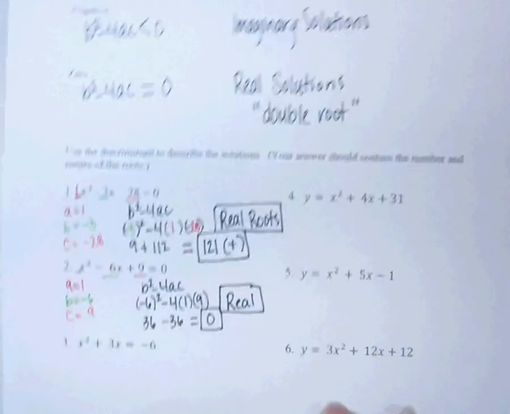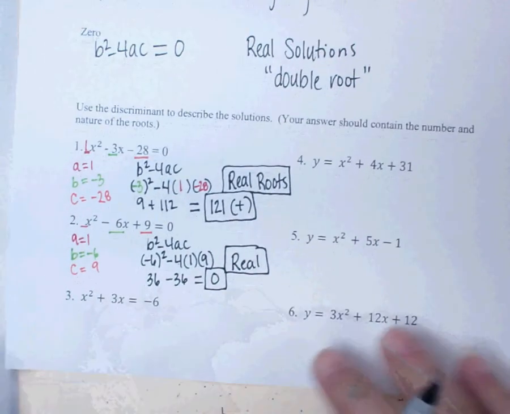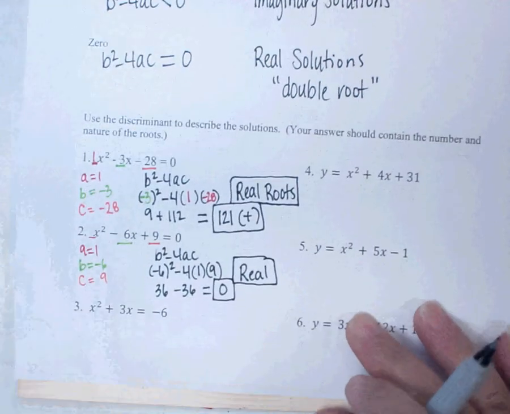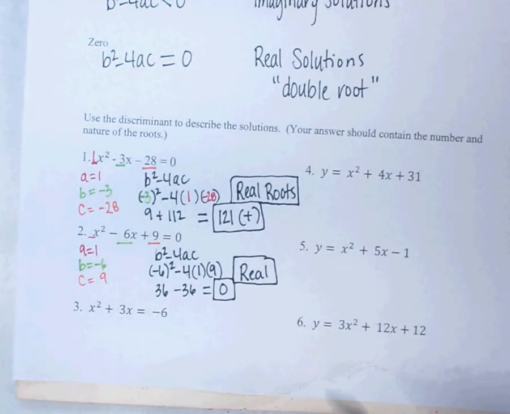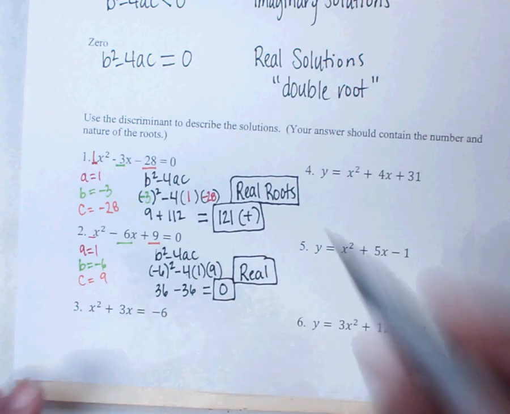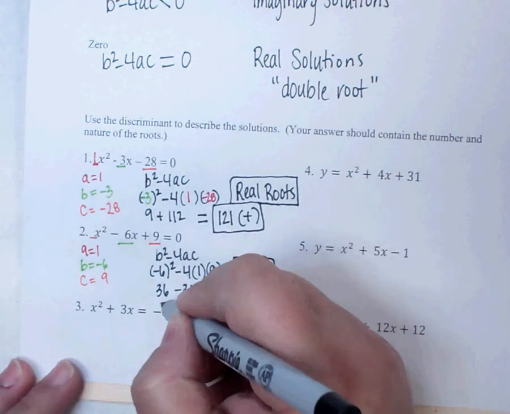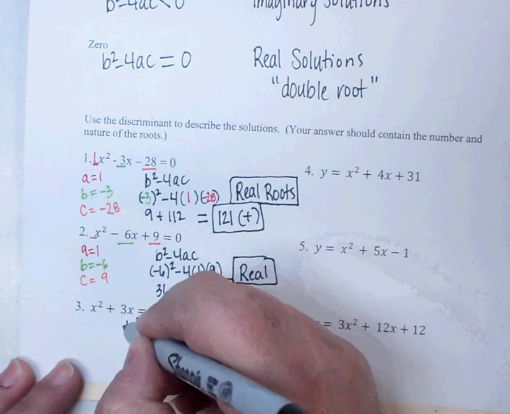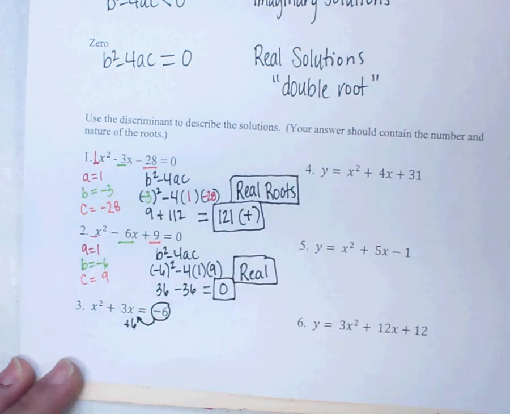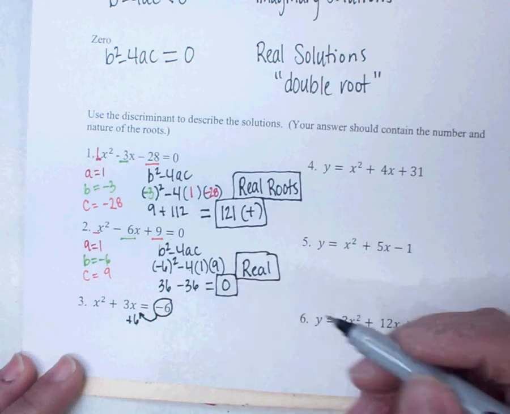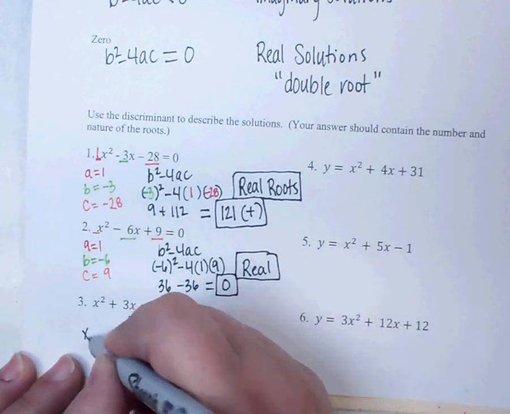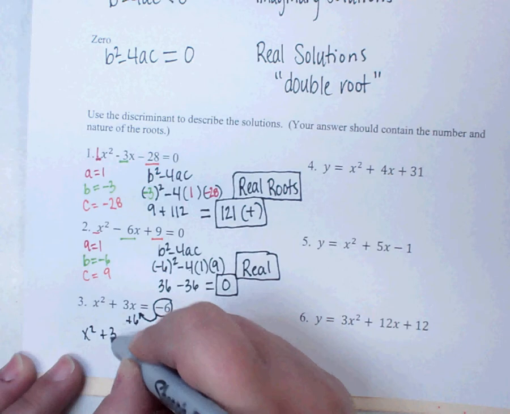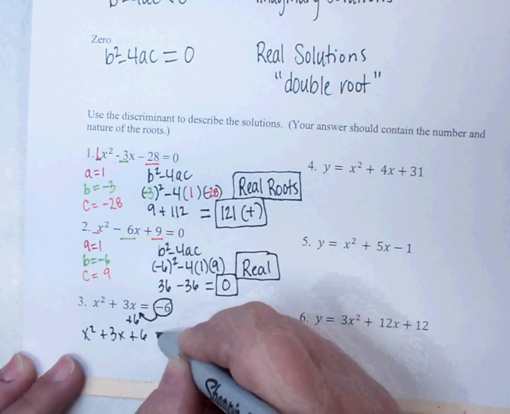All right, so number 3. Before we can start number 3, we have to get it into standard form. If you notice that -6 is on the other side, we need to move that over to the other side of the equation. So we're going to move this over here, and it's going to become a +6, because when you move it across an equal sign, it has to change signs. So now we have x squared plus 3x plus 6 equals 0.